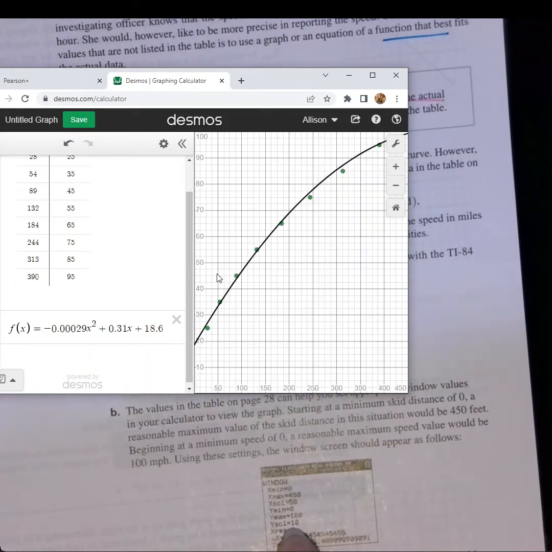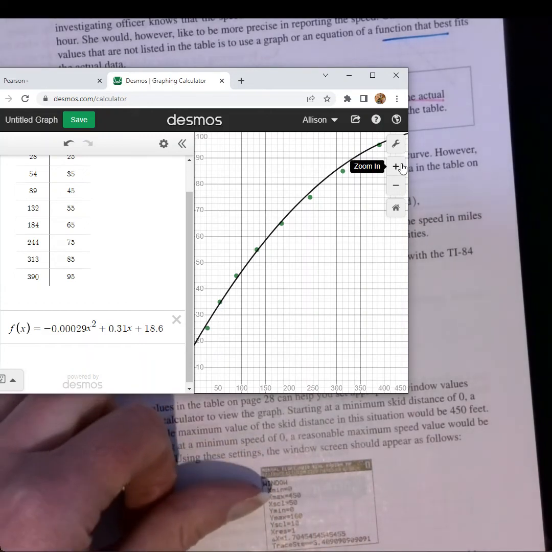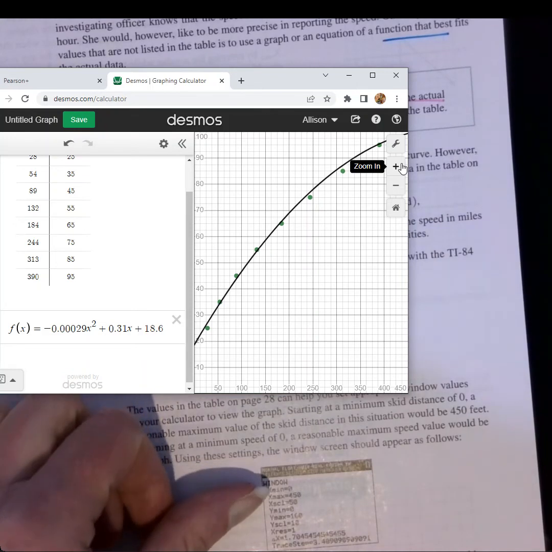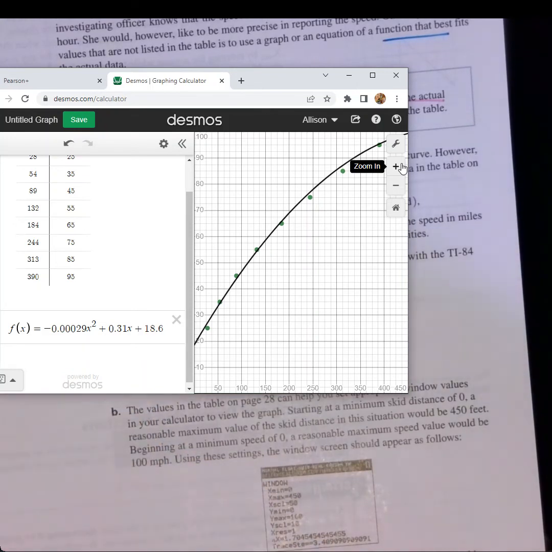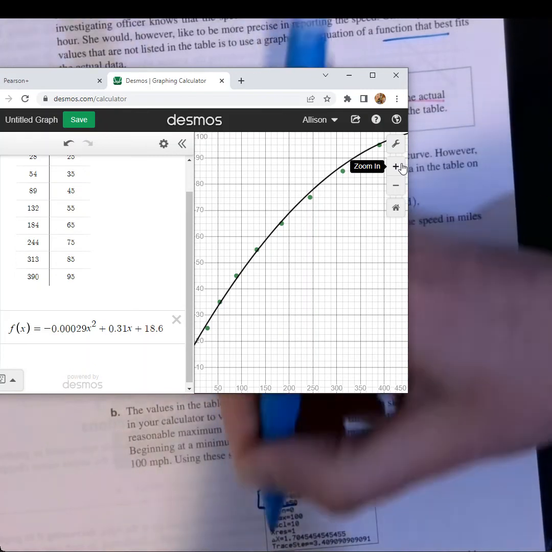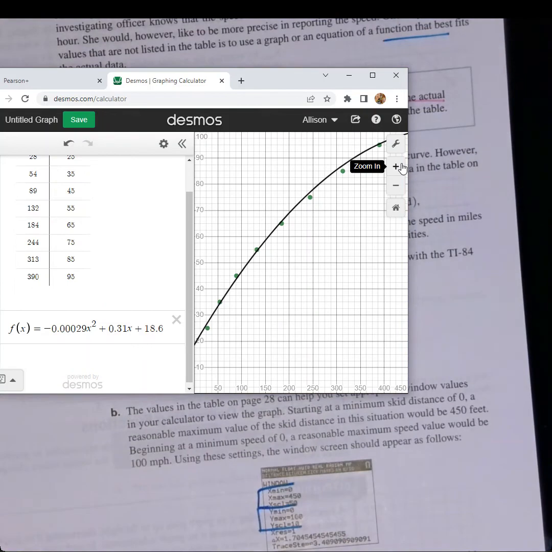So the Zoom Fit got me something similar to this, but if they ever give you one of these little boxes, they're giving you the information that you need to type into the graph settings, just displayed in a different way, displayed for those calculators. We can still organize our information with the 3 things that we need to know for x and the 3 things that we need to know for y: the minimum value, the maximum value, and the scale for both x and y.